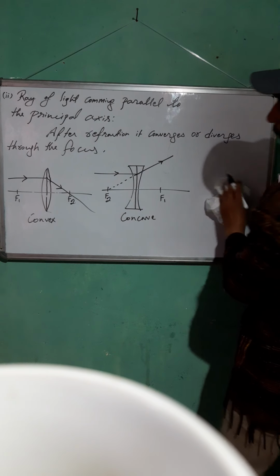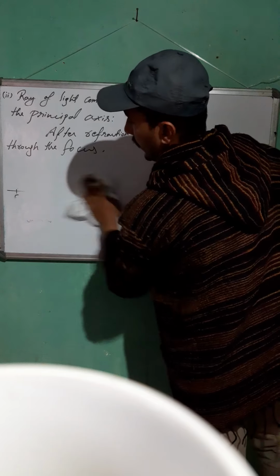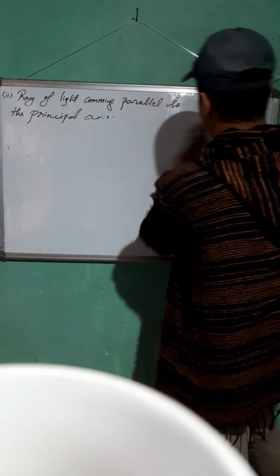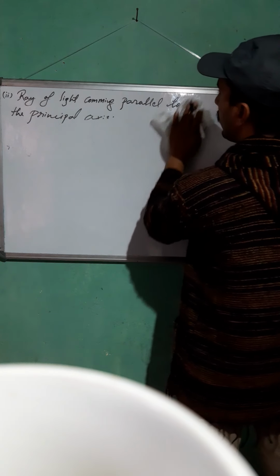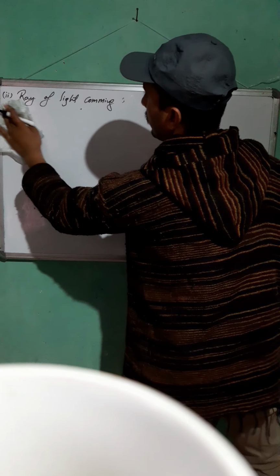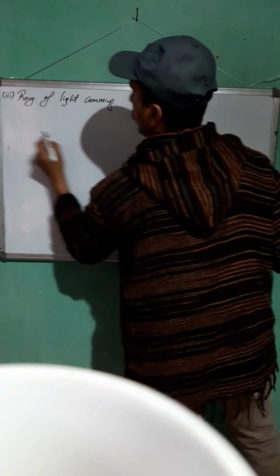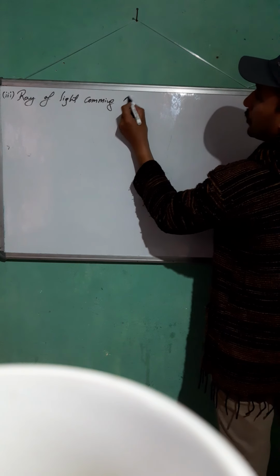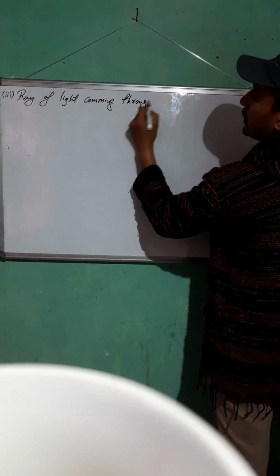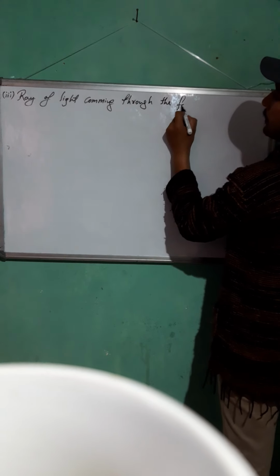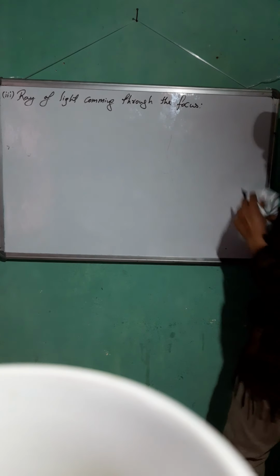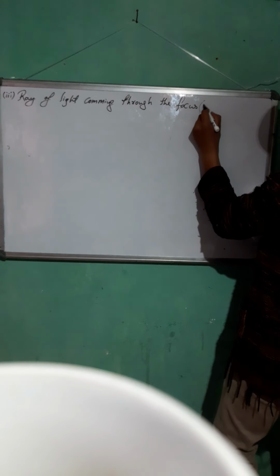Next, third is number 3: a ray of light coming through the focus. Through the focus means through F1.